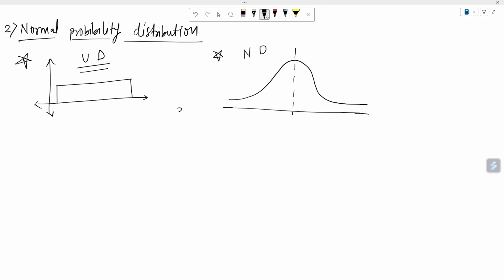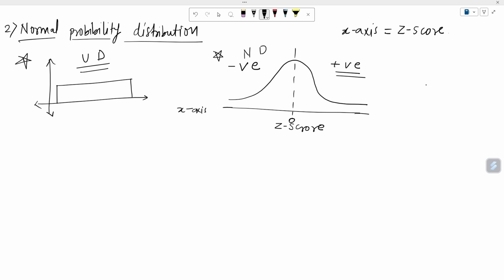and on the x-axis is our z-score. So x-axis has our z-score. The midpoint is 0, signifies the z-score 0. On the right side, the right portion is the positive one and the left portion is the negative one.